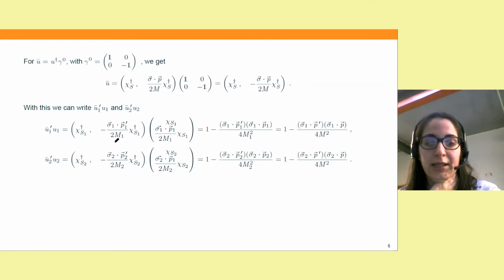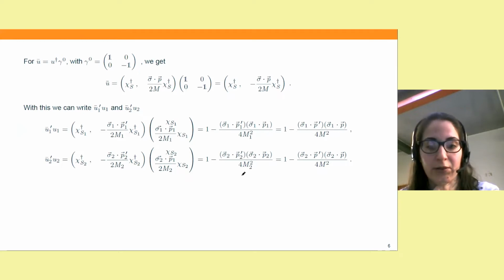And then we have this here times this here. Again, the product of the spinors gives us 1, but then we also have this minus σ_1·p_1' times σ_1·p_1 divided by 4 times the mass of the first nucleon squared. And because the mass of the nucleon is m, we just write it like this. Okay, and also we identified p_1', we call it p', and p_1 we just call it p.